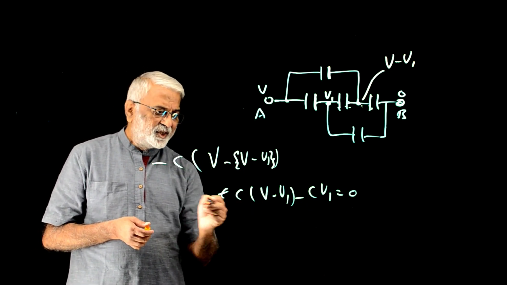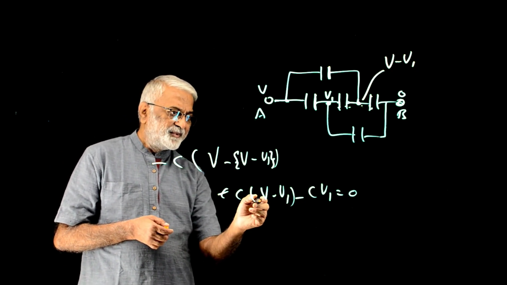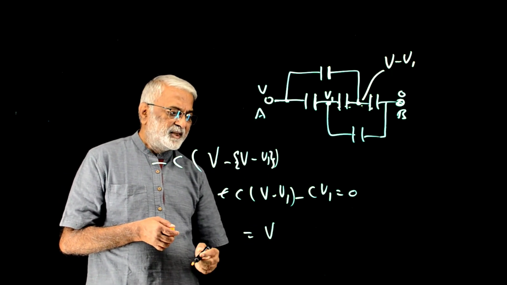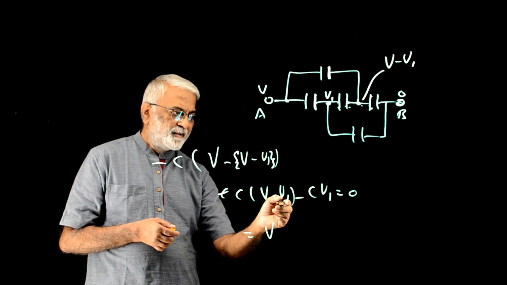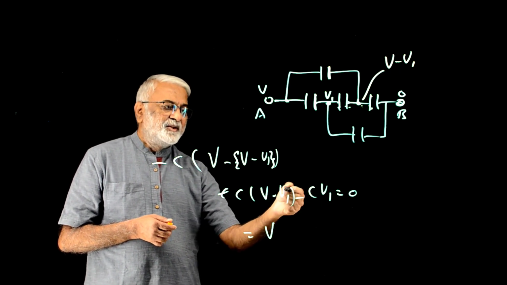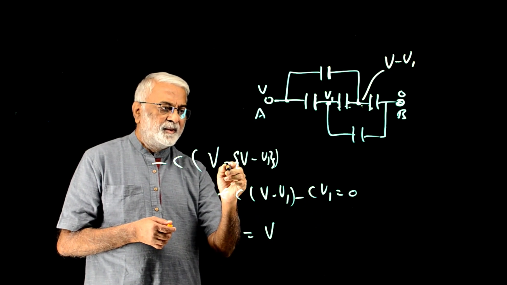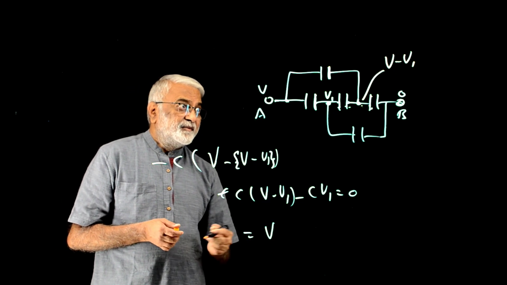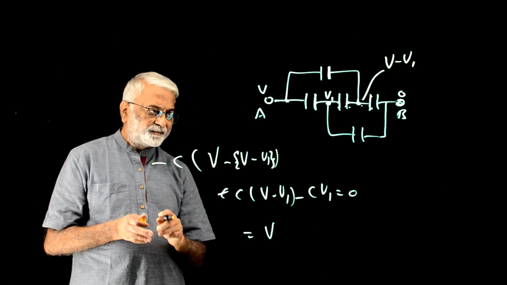I'll check. C goes away. There is V here, minus V here, plus V goes away, minus V, that goes to the other side, and that's V. And this is V1, minus V1, that is minus 2V1 and plus V1. So we'll get V1 is equal to, let's check this again.